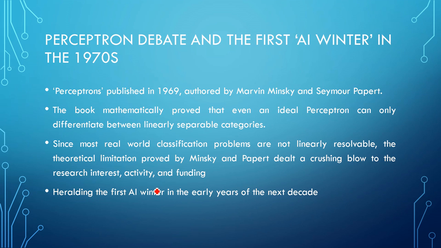It was published by Marvin Minsky and Seymour Papert, and they mathematically proved that a perceptron, even in the ideal case, can only differentiate between linearly separable categories. So this immediately brought the entire AI world crashing down and created what is known as the AI winter, the first AI winter in the early years of the 1970s. Right? This is a known phenomenon.